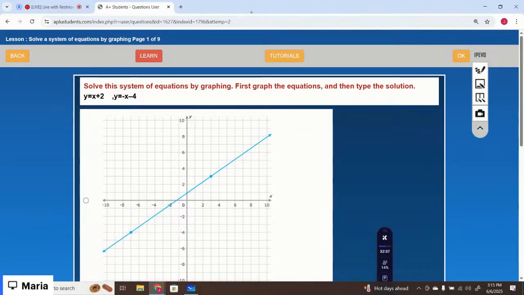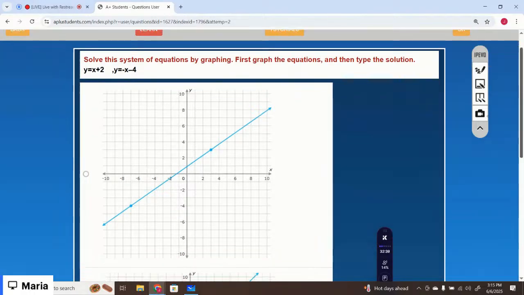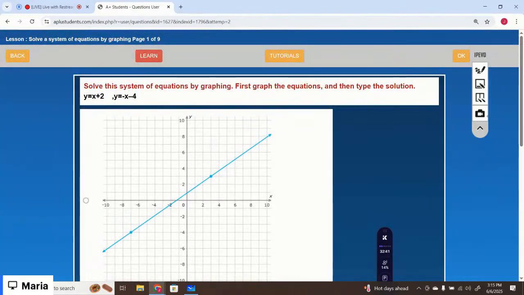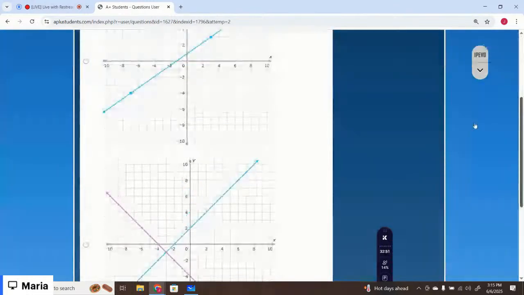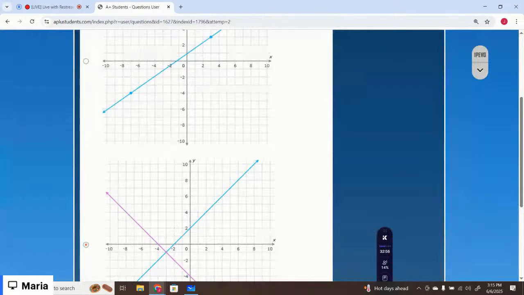First, graph the equations, then type the solution: y equals x plus 2 and y equals x minus 2. Option number 2 is the correct option. That is the solution to the system.